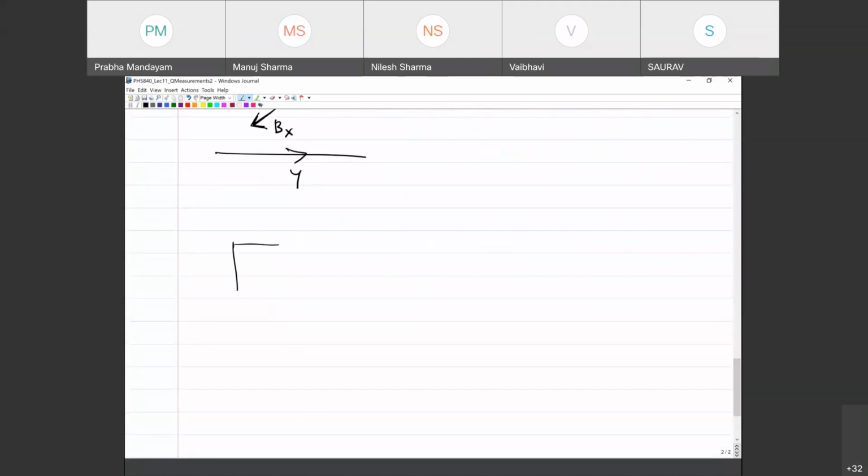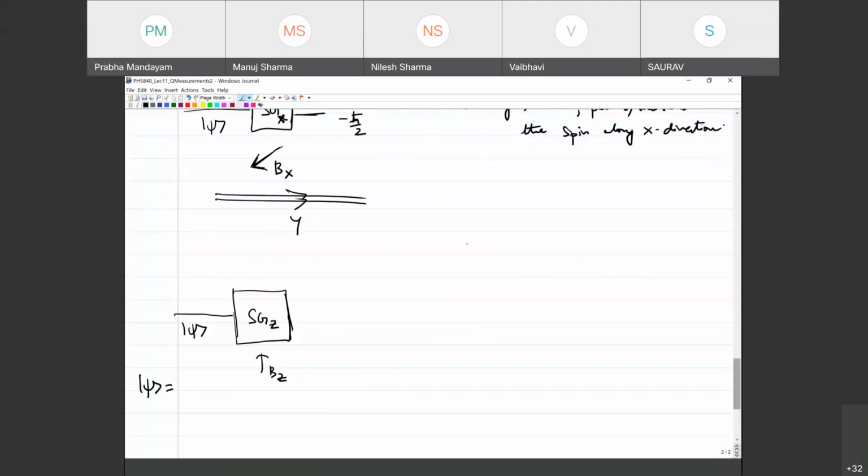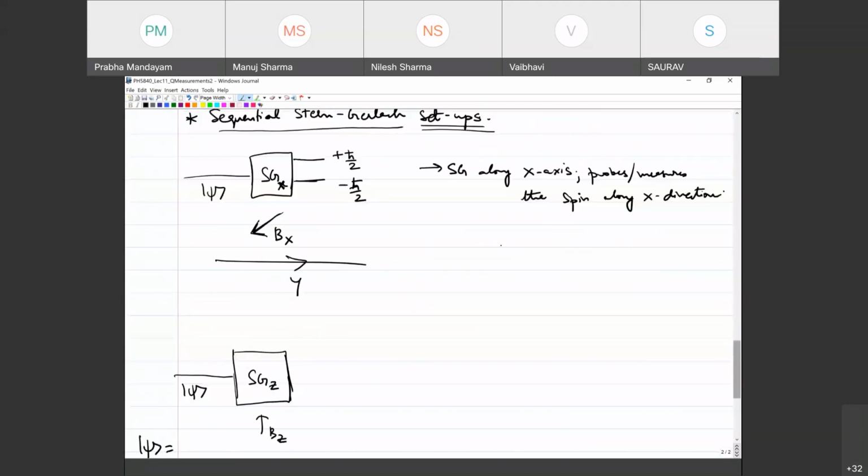And then something interesting happens. So I start with a Z setup. The magnetic field is along Z now, the inhomogeneity is along Z. I have an input state, so now I'm going to refer to 0 and 1 as eigenstates of spin along Z. That's our convention, right?